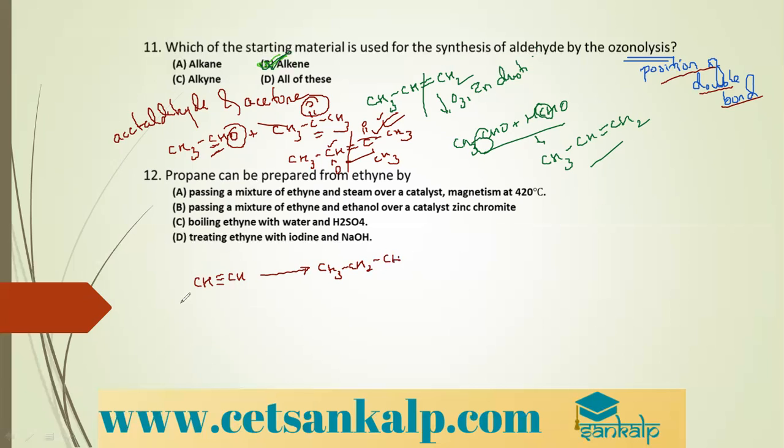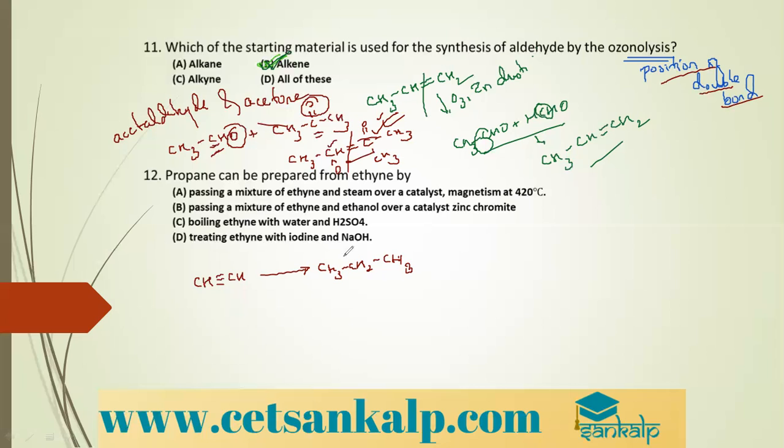If you want to prepare saturated compounds from unsaturated compounds, they simply carry out reduction. When you carry out reduction of unsaturated compounds, you will get the corresponding saturated compounds, that means the same number of carbon atoms.